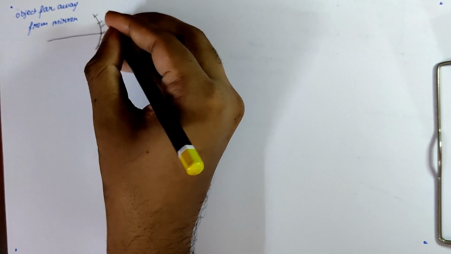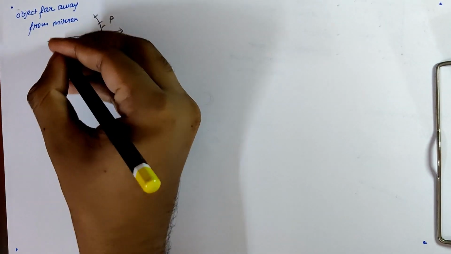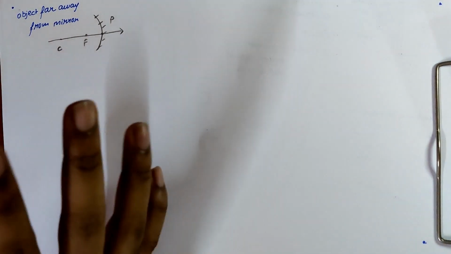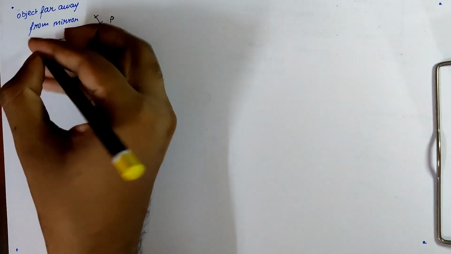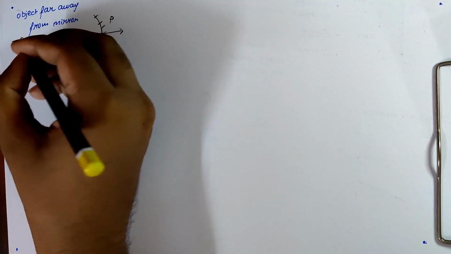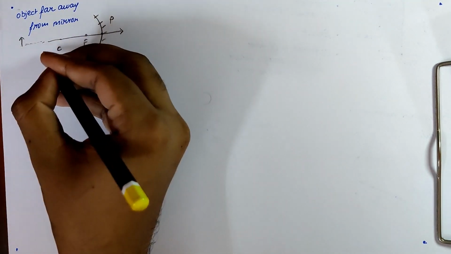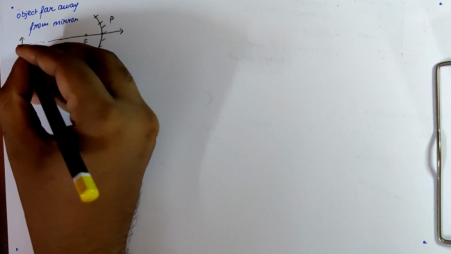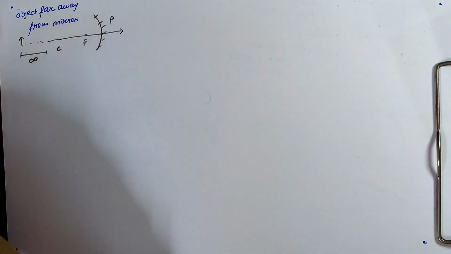You have your pole, your focus, and your center of curvature. Now notice the object is very far away from the mirror. This is going to be our object, right? It's so far away that the distance of this is at infinity.